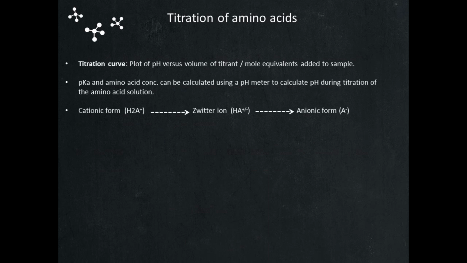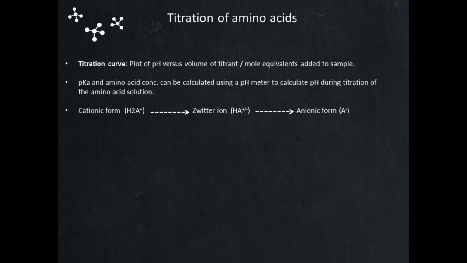So a titration curve is a plot of pH versus volume of titrant or mole equivalence added to a sample, and if we use a pH meter, then upon addition of acid or base to the amino acid solution, we can calculate changes in the pH and thereby calculate the pKa of the amino acid and its concentration.